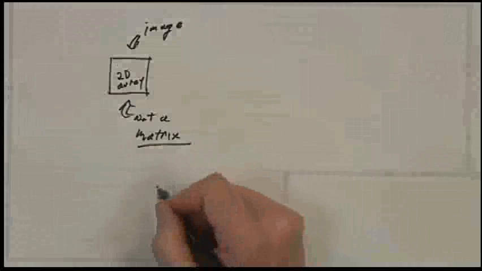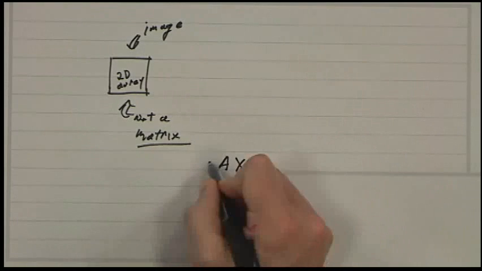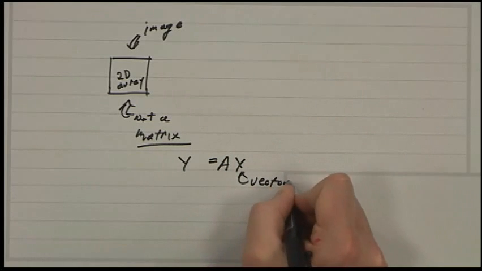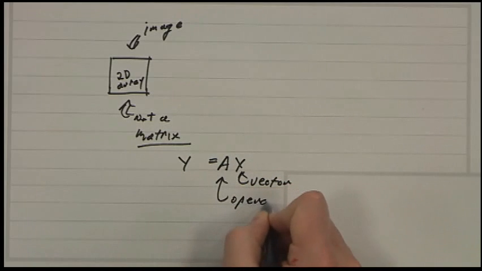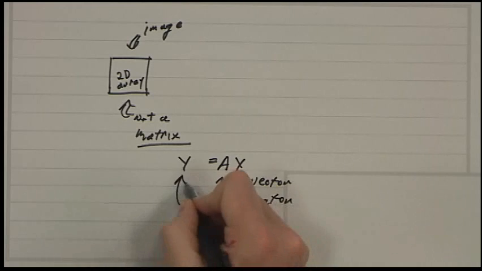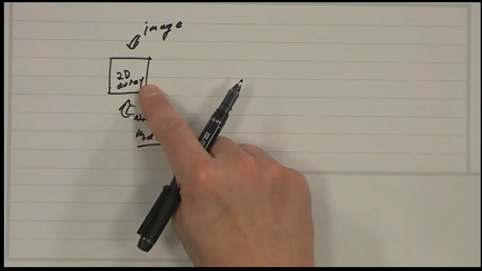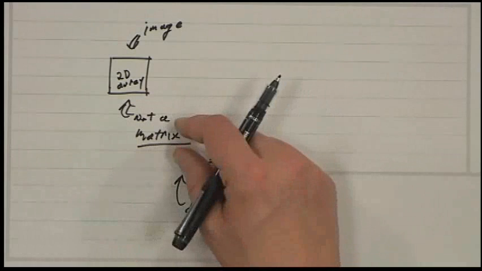A matrix is an operator, right? So you take Ax equals y. Okay, this is a vector. Vectors are data, okay? This is an operator, and this is data. Images are not usually operators. I mean, you could take them and use them as operators, but it'd be pretty weird.